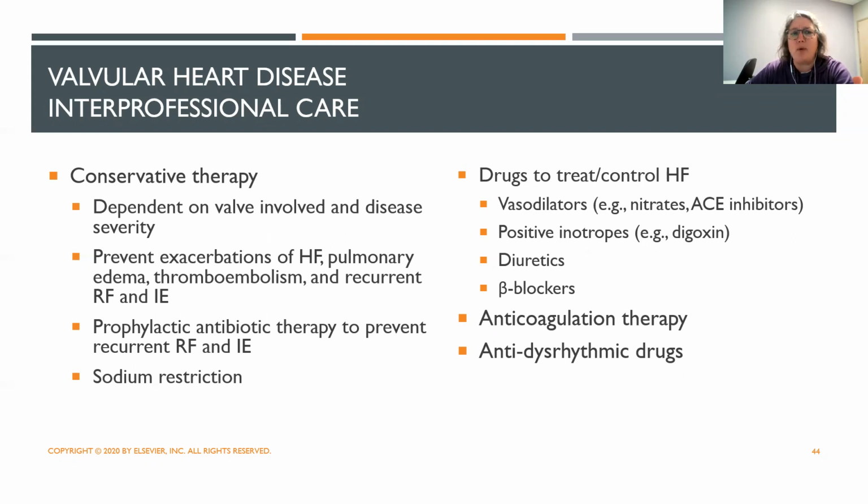We'll also have these people on anticoagulation therapy. Again, pooling blood that's not moving the right way has a tendency to develop into emboli, and then those emboli travel and make big problems. As well as, because there is some heart failure with this, because the blood flow is poor, we'll have some antidysrhythmic drugs perhaps associated with this particular population as well.